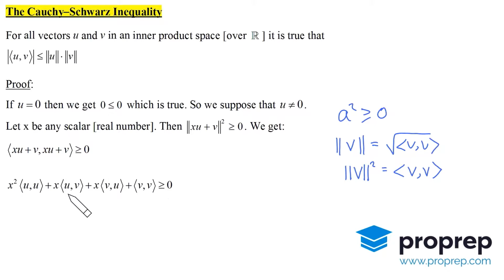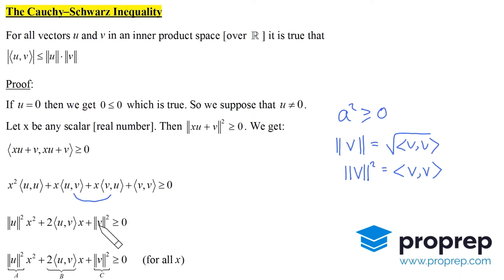And the middle two are the same because of the symmetry property. So these two combine to give twice uv with x. Also, remember that the inner product of something with itself is the norm squared. So I did that and put it in front of the x squared. And here also the inner product of v with v is the norm of v squared. So this is the place where we're at.